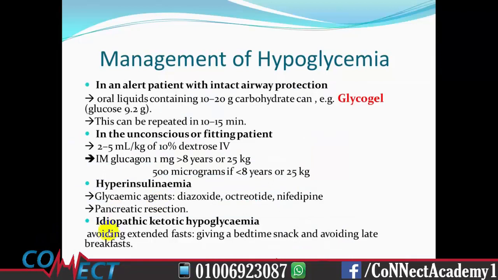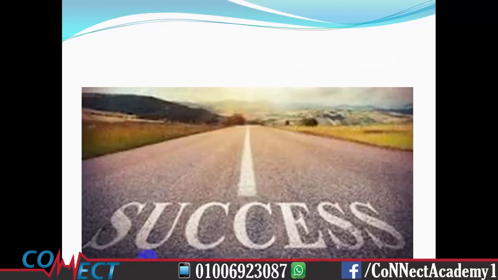For this child, we just avoid extended fasts. We instruct the parents to give him small, frequent meals. He has to have dinner, and he has to have an early breakfast. Give a bedtime snack and avoid late breakfast. So this is how to manage hypoglycemia in different situations.